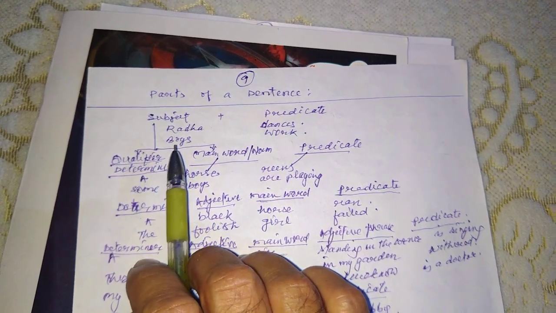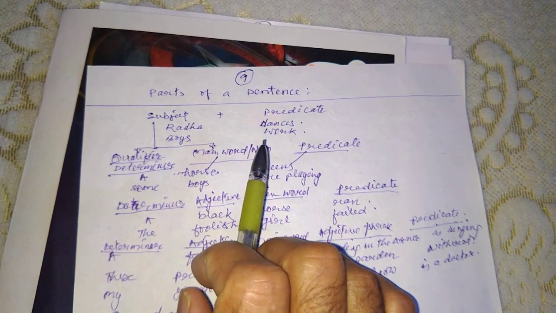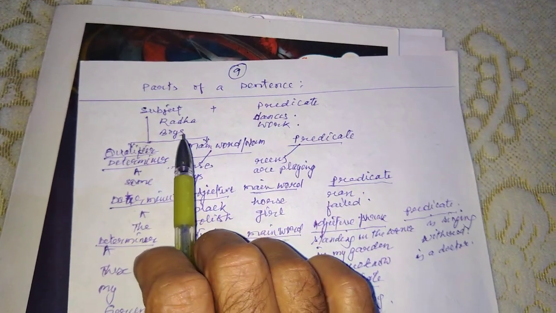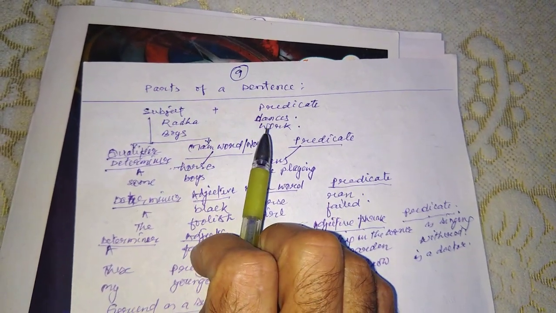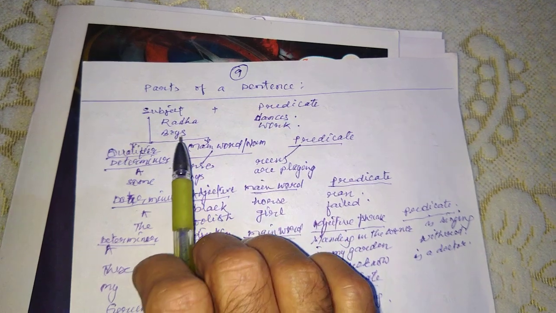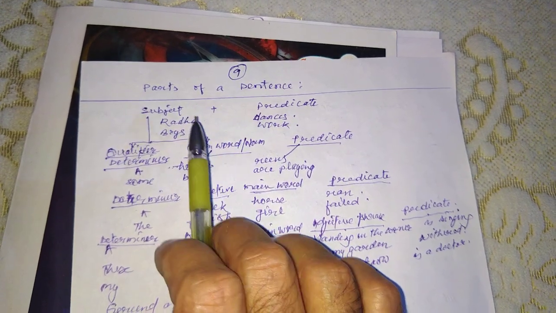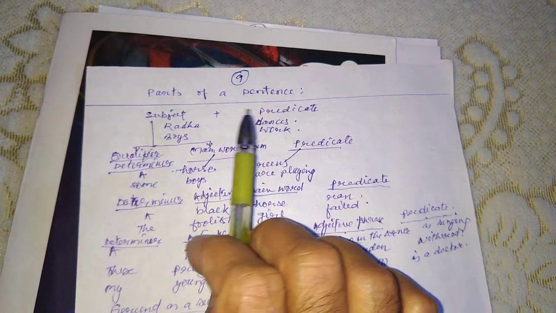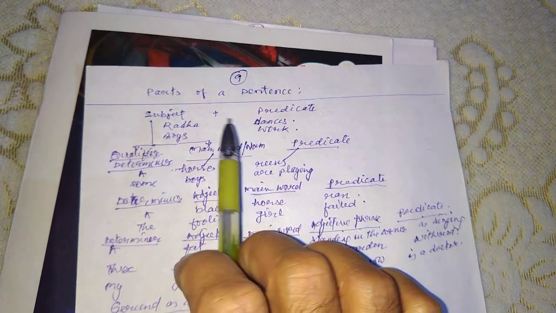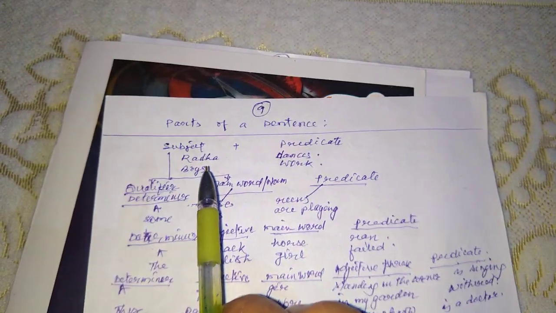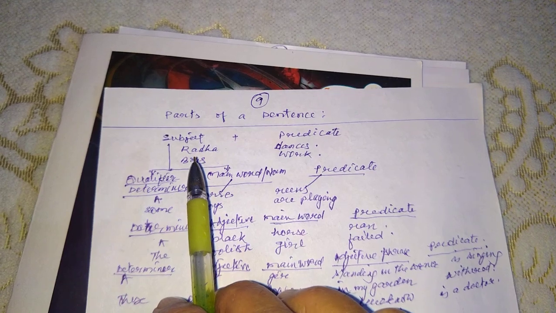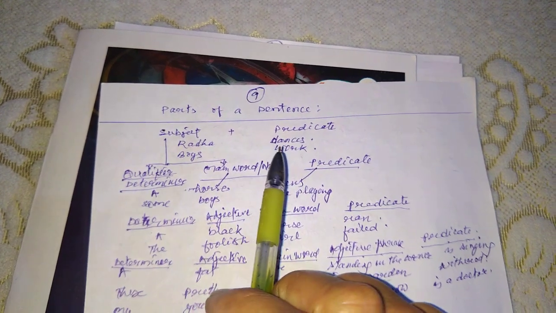Or another example, boys work. Boys is the subject and work is the predicate of this small sentence. These were two very simple sentences we have taken for our consideration here.